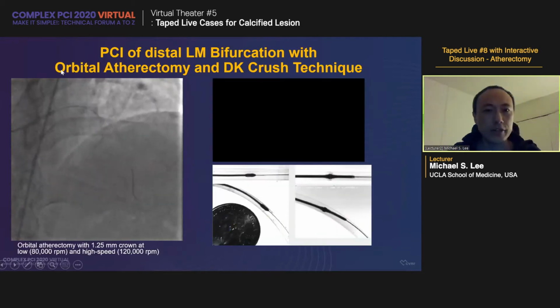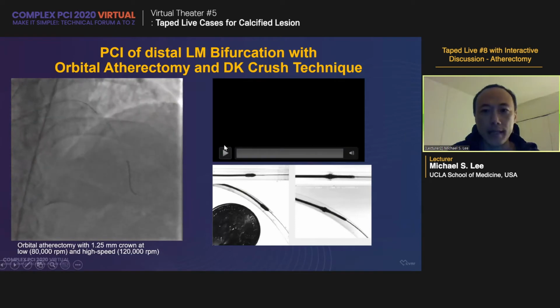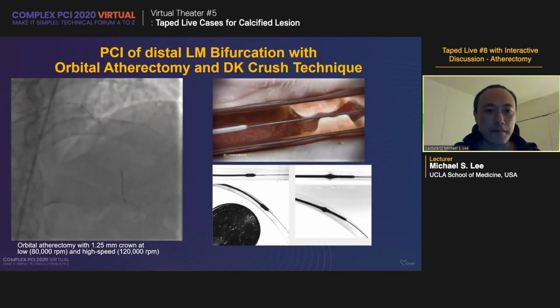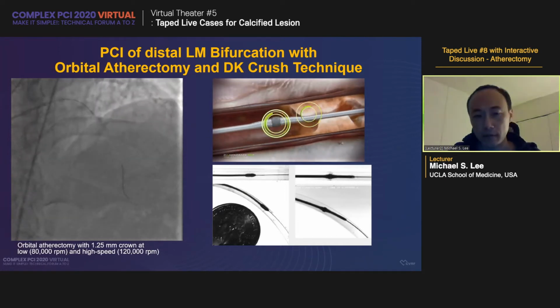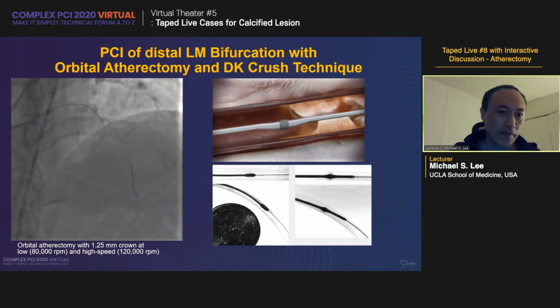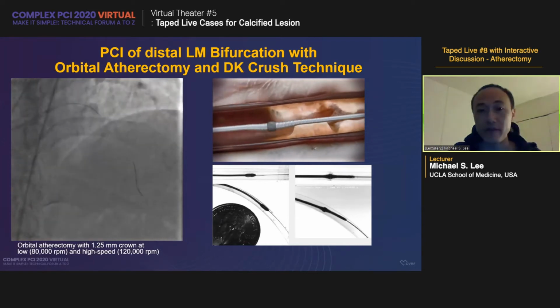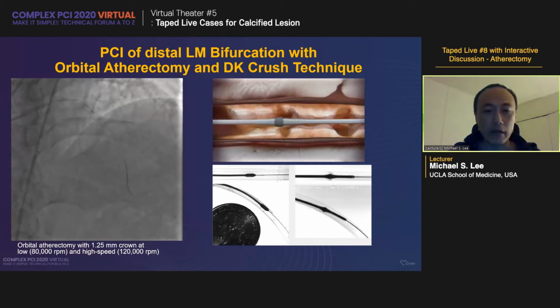All right, so we wanted to do plaque modification. So I chose orbital atherectomy. The reason why I like orbital atherectomy is because it is very versatile. If you start out with a 1.25 burr, then you're going to have to take it out, reattach a 1.5, go up to 1.75, perhaps even higher.